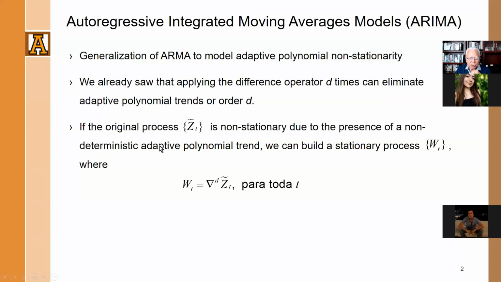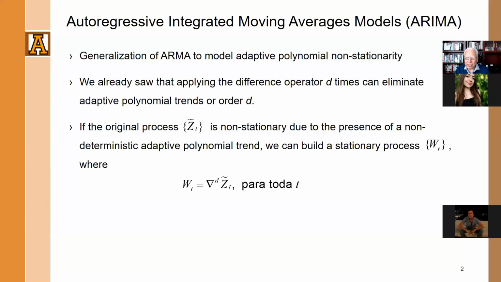So the original series Z tilde is already centered, and we assume that it's non-stationary because of the presence of an adaptive polynomial trend.